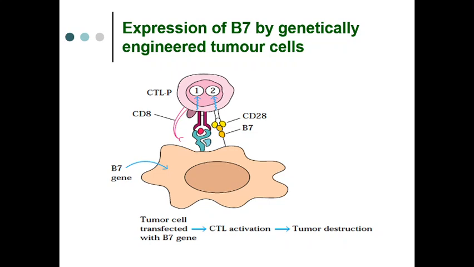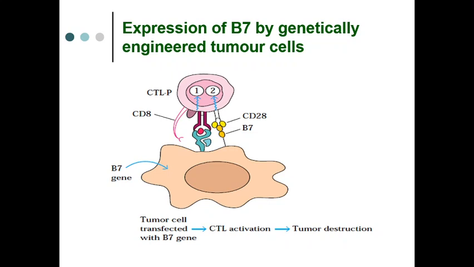So the approach which I had explained earlier, where the tumor cells generally do not express B7 molecule. B7 molecule is very specific as far as antigen presenting cells are concerned, and it is expressed by the activated antigen presenting cells. Now here a genetic modification is done, where the tumor cells are harvested from the person, and they are transfected with the gene of B7, that is a co-stimulatory molecule.